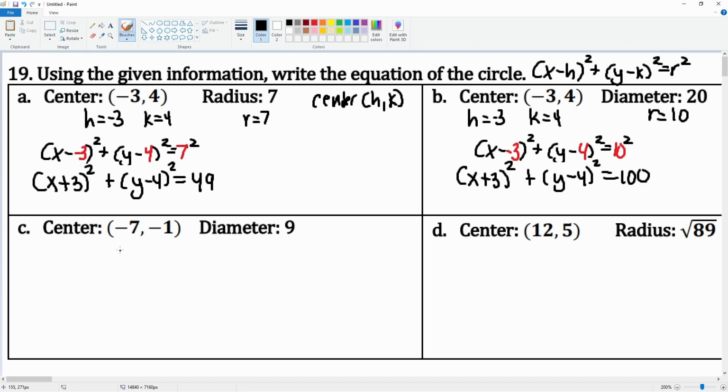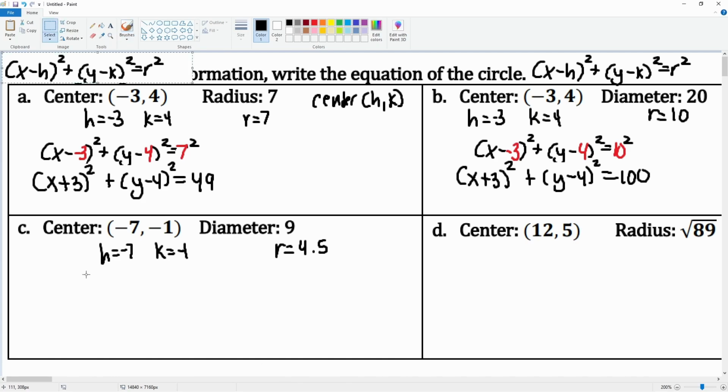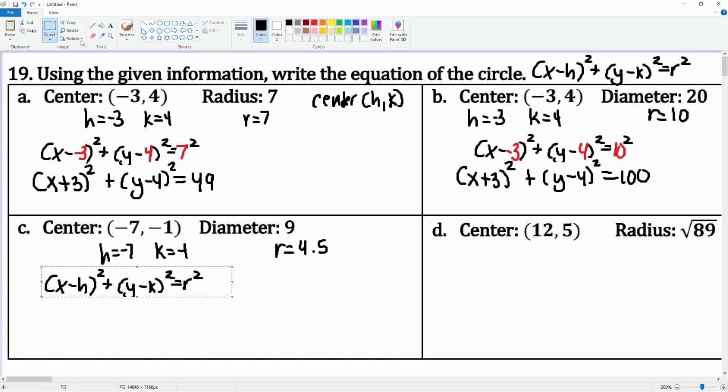Next one, h here is -7, k here is -1, the diameter is 9, so the radius is 4.5. Okay, here is our equation. Let's substitute. We plug in a -7 here for the h, and then we substitute in the k as -1, and then the r as 4.5.